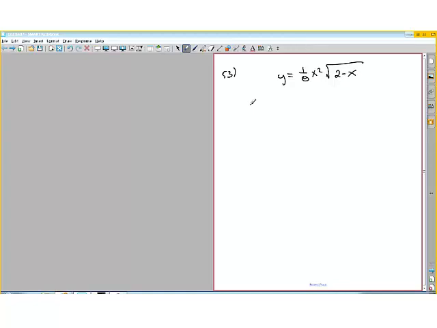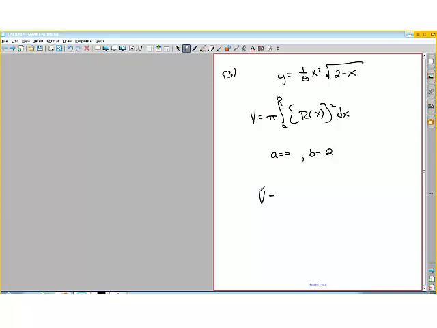So we can use the disk method, which will say the volume is equal to pi times the integral from a to b of r of x squared dx. And our a is equal to 0, which is the origin, and b is equal to 2. If you look at the x-axis on page 464, you'll see that it starts at 0 and ends at 2.